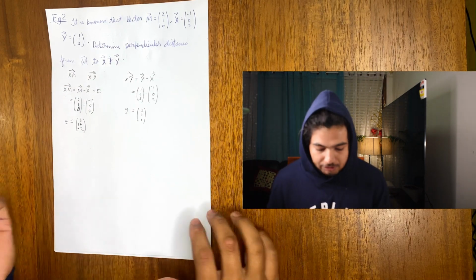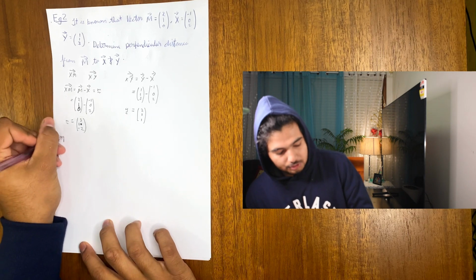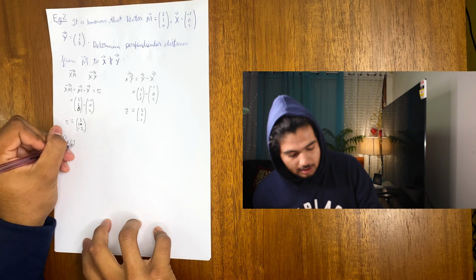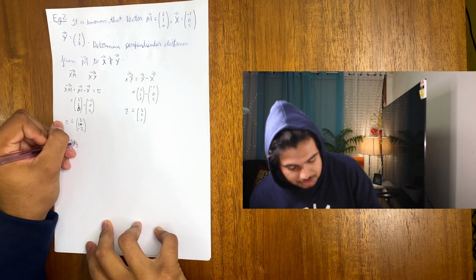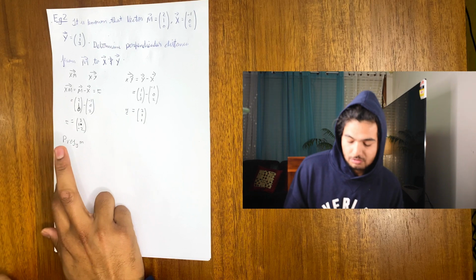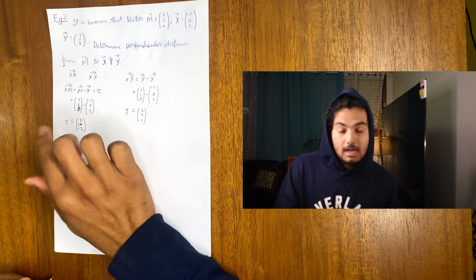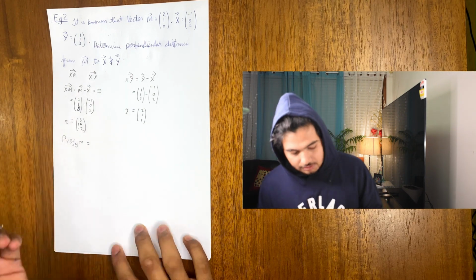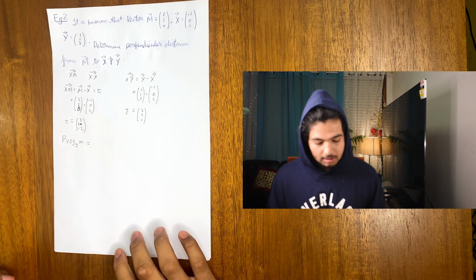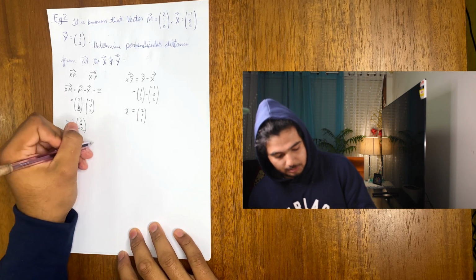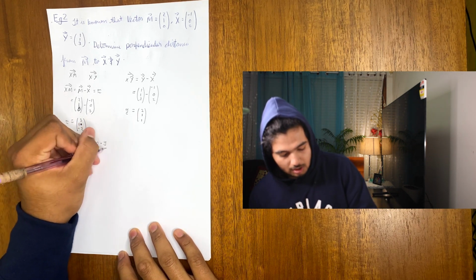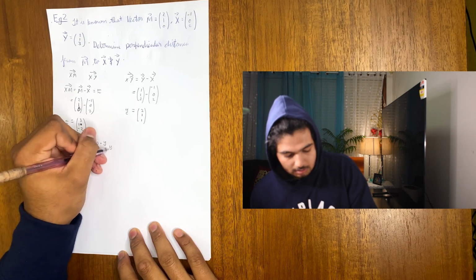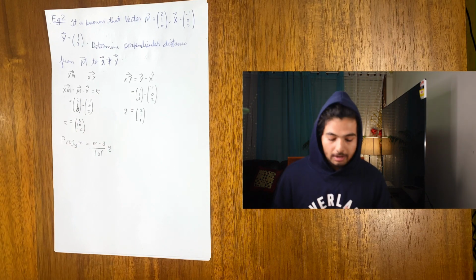Next step is what we're trying to find, which is the vector projection of y onto vector m. We rewrite this. To solve this, we can find m dot y all upon the magnitude of y squared, multiplied by vector y.